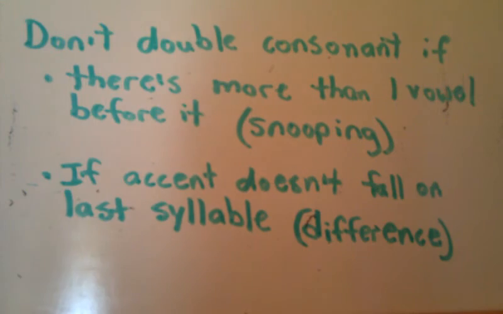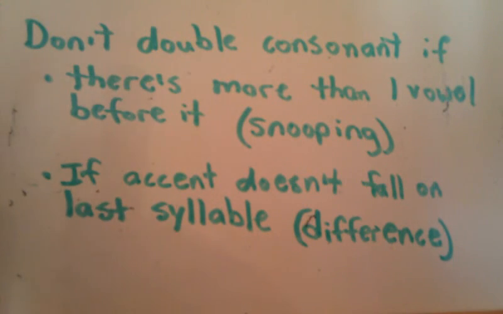Okay? So we don't double the final consonant if there's more than one vowel before it, like snooping, or if the accent doesn't fall on the last syllable.